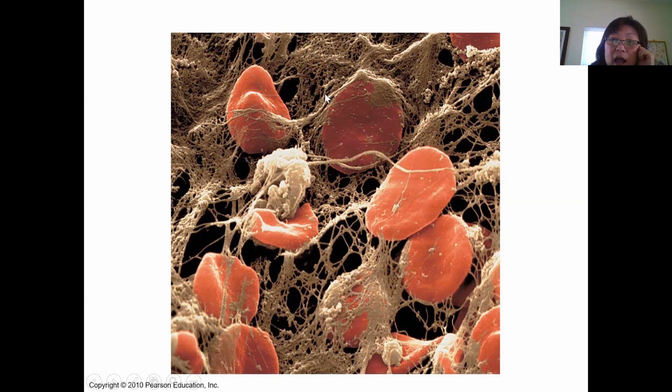And everything gets attracted into this mesh structure. This whole thing is called a clot. So a clot is not just the proteins. It's not just the blood cells. It is the combination of the fibrin and blood cells and debris. Whatever stuff gets stuck over here together is called a clot.